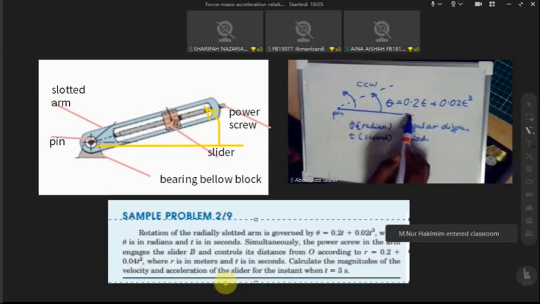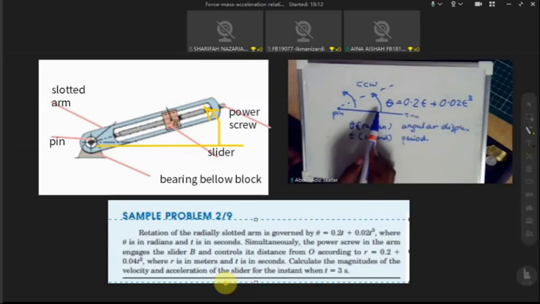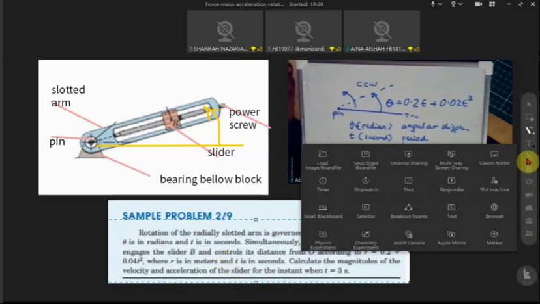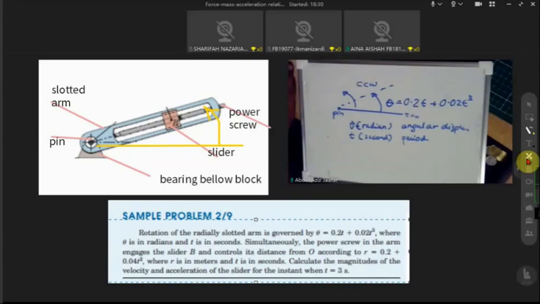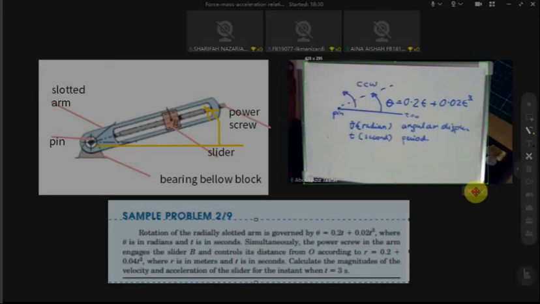This will be the angle from the horizontal line. Let's say it starts from here, t equal to 0, and then it starts to move, to displace in angular motion, where we have to determine the position vector for this problem.